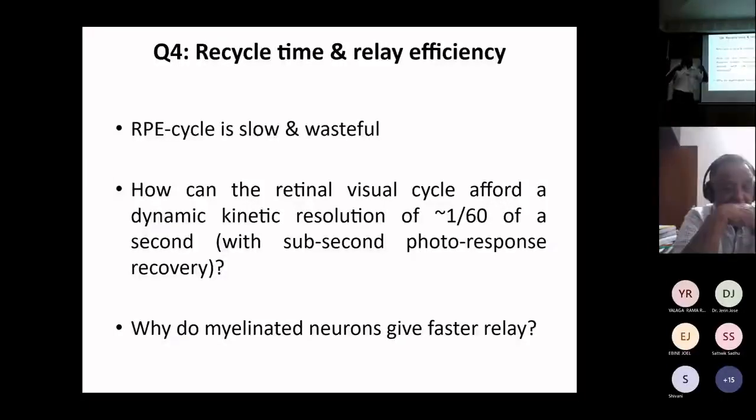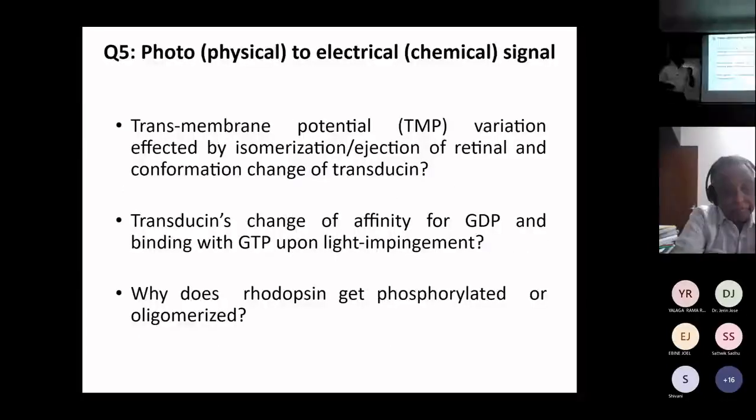The axon is covered by the Schwann cells, and when the neuron gets covered, there is no real explanation in the classical school why covering the axon with the myelin sheath gives a faster signal.